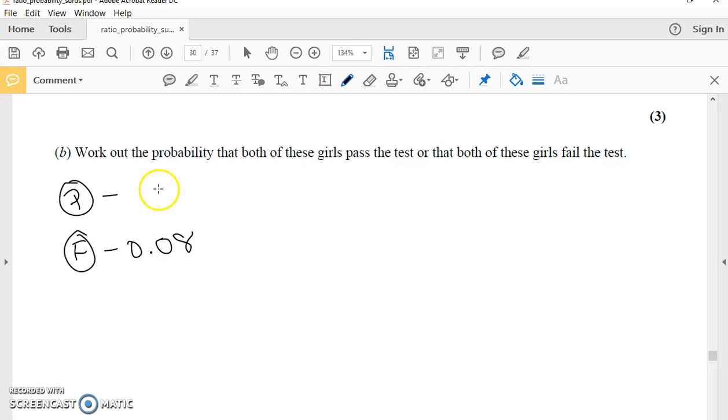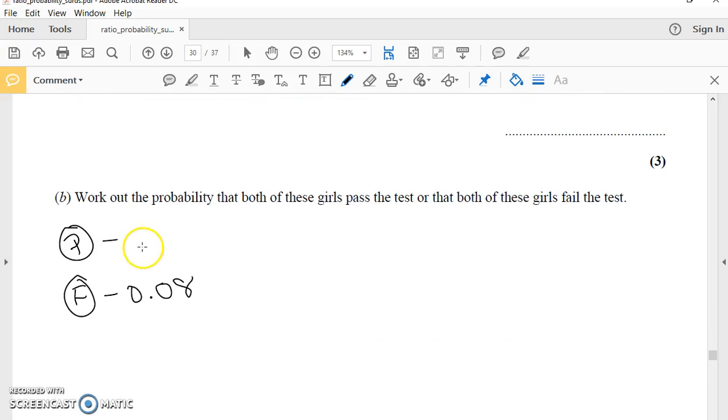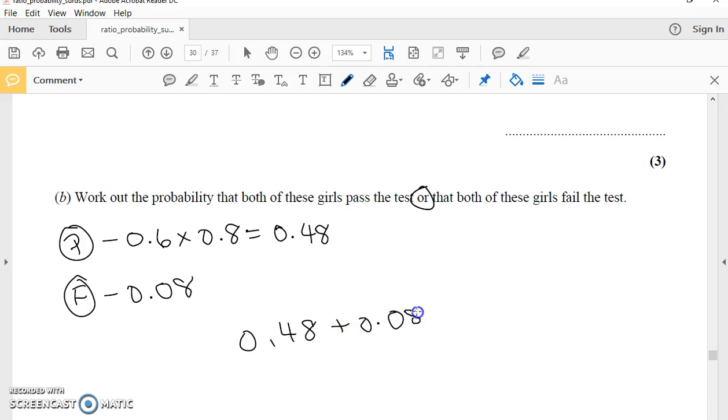And then we want the pass rate, which is going to be 0.6 times 0.8, which is going to give us 0.48. And then this OR tells us that we need to add those two together. So we're going to have 0.48 plus 0.08, which gives me a probability of 0.56.